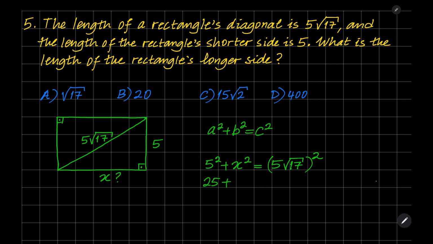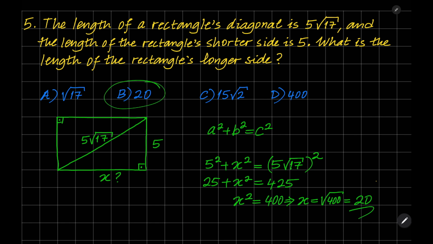Then 25 plus x squared is equal to 425. That means if we subtract 25 from both sides, x squared is equal to 400, which implies that x is equal to root 400, which is equal to 20. That's the answer. So choice B is correct.